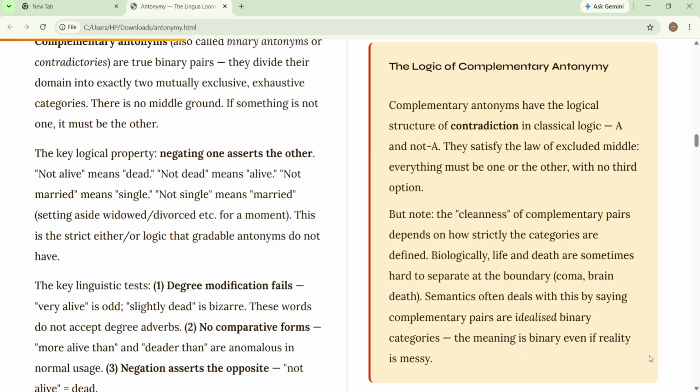The meaning is binary even if reality is messy. So despite circumstances like coma or brain death, other than these, there are only situations which are totally logical: if one is present, the other must be absent. If you're alive, you must not be dead.